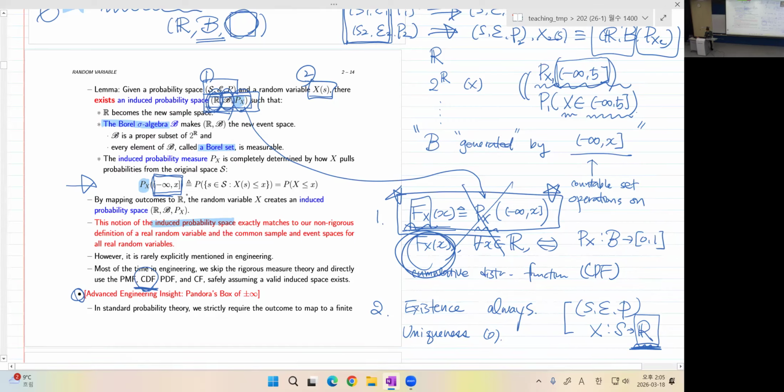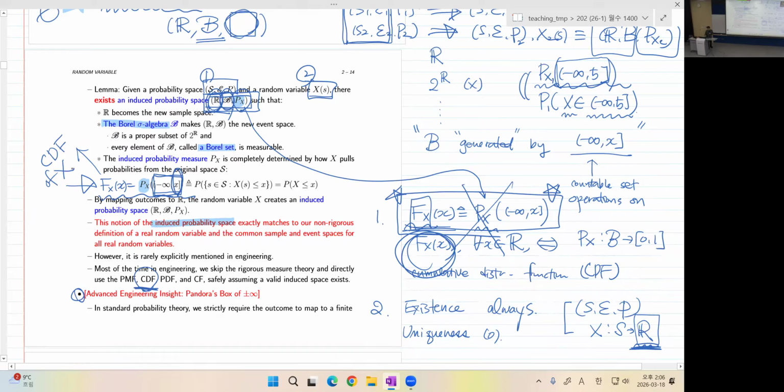And you define a new function, now a function only of x, this way. And this is called the cumulative distribution function, CDF, of random variable X.